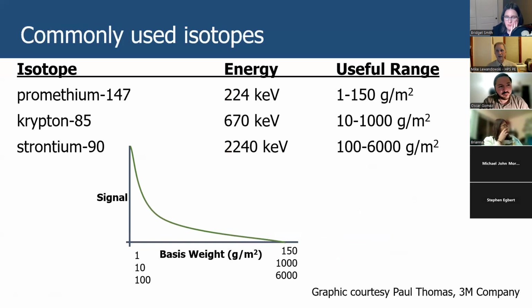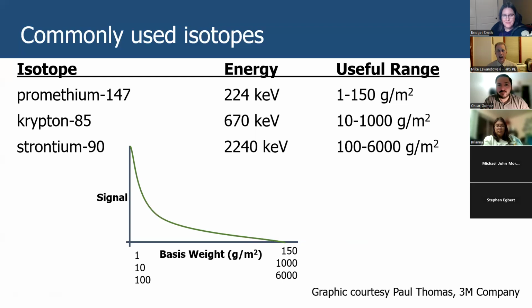It turns out that over a certain range of basis weights, or mass per unit area, there is a linear part to the curve. Commonly used beta-emitting isotopes are promethium-147, a relatively low energy, maximum energy 224 kiloelectron volts.